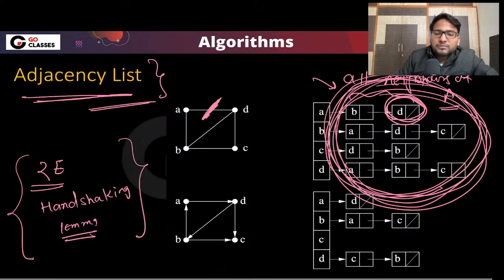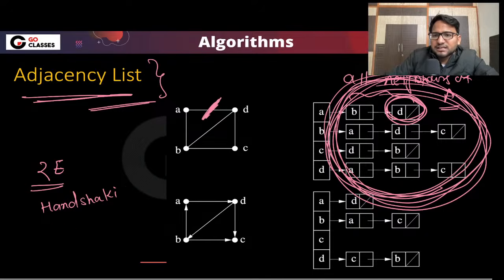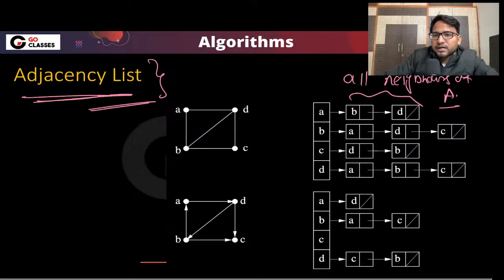So what I'm trying to say here is that if you have this as, let's suppose, an adjacency list, then you will have this kind of representation, right? So these are all the neighbors of A. Now you tell me, if I say degree of, let's suppose, A, you understand degree?